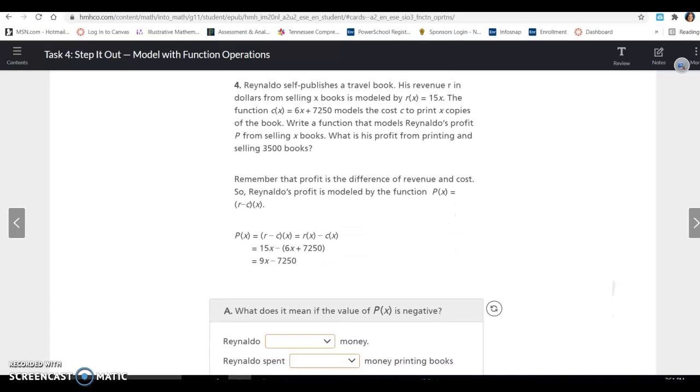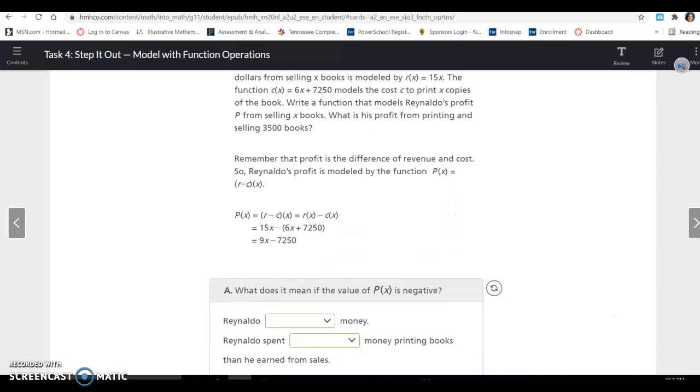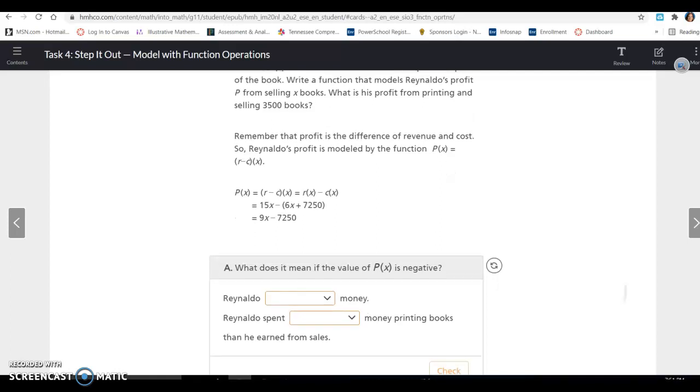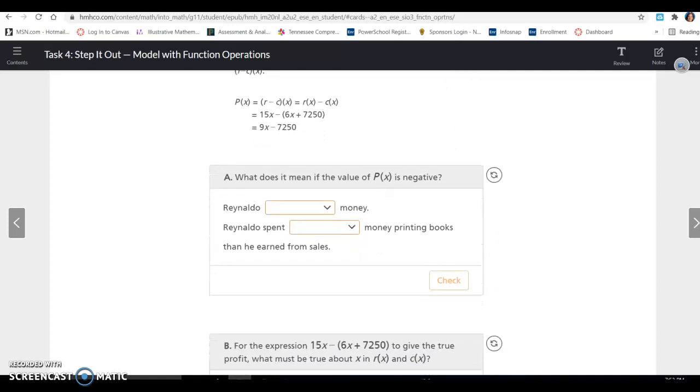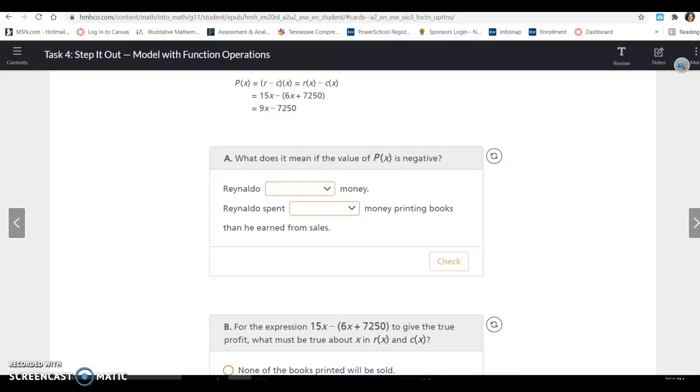If we simplify that, it is 9x minus $7,250. All right, what does it mean if the value of P of x is negative? If revenue minus the cost is negative, that means he spent more money printing the books than he made. So that means he has a loss.